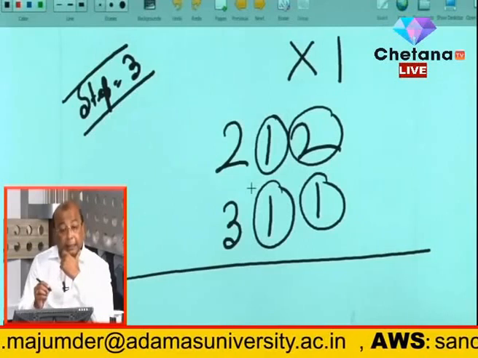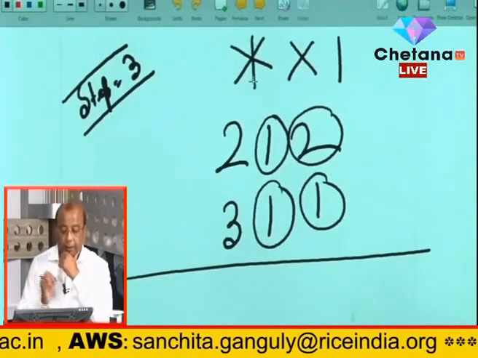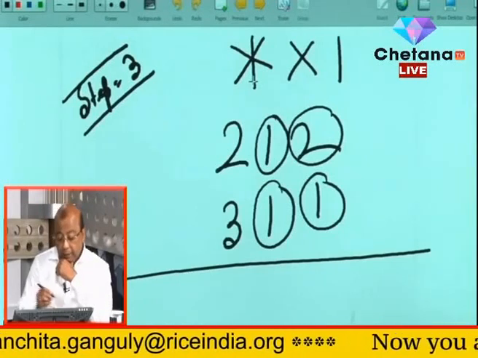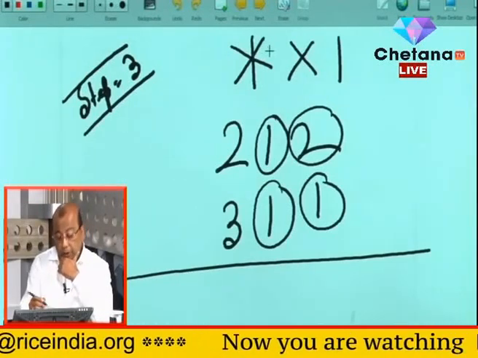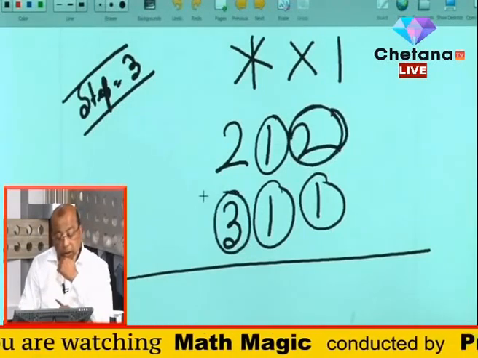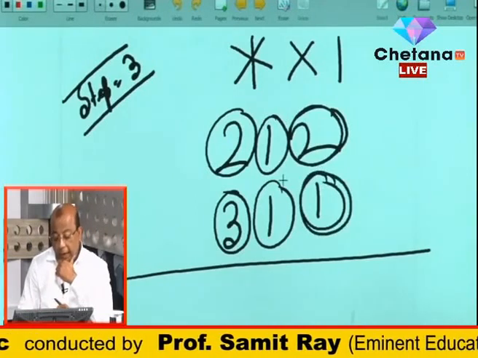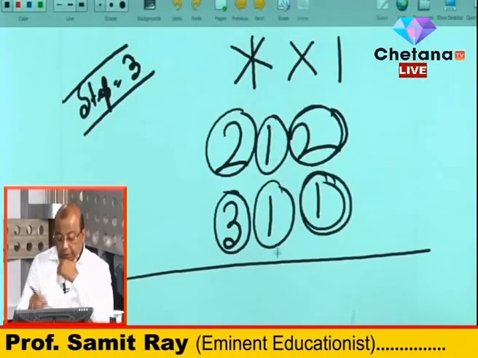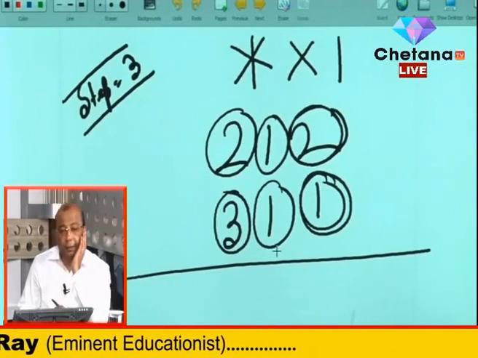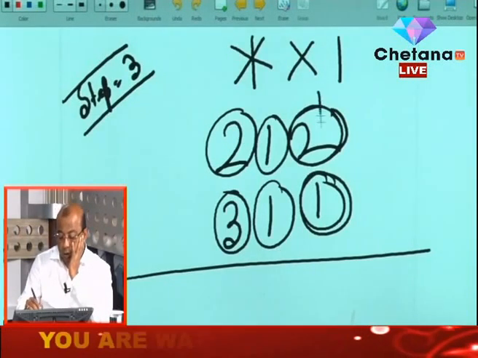So when we consider the third column, my symbol will be cross and straight. Cross, the diagonal multiplication, this number and this number, and this number and this number, diagonally, and then straight.